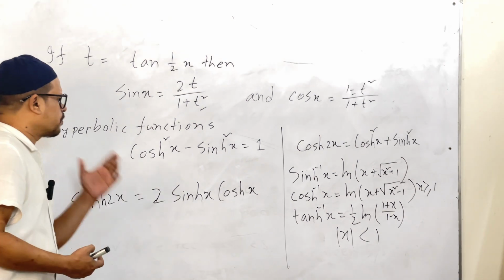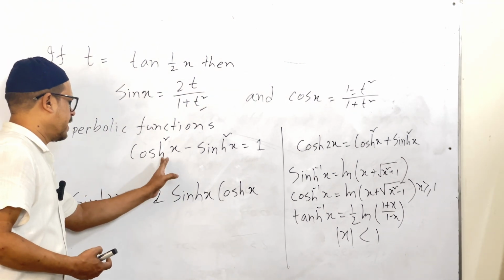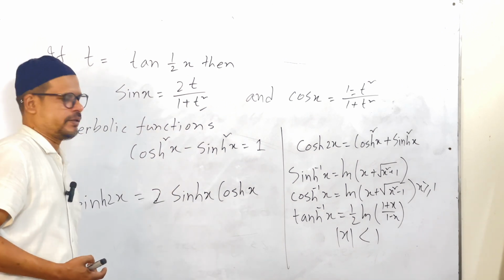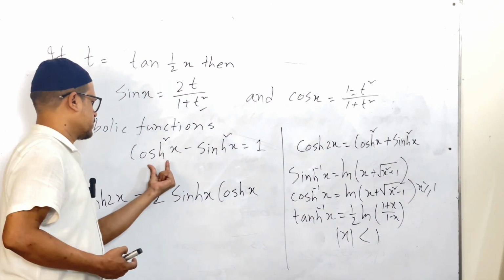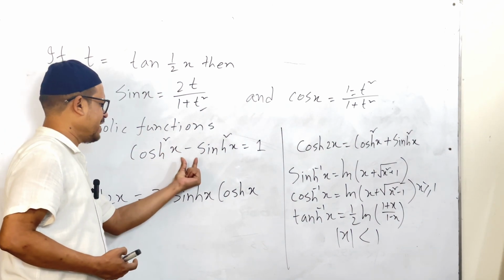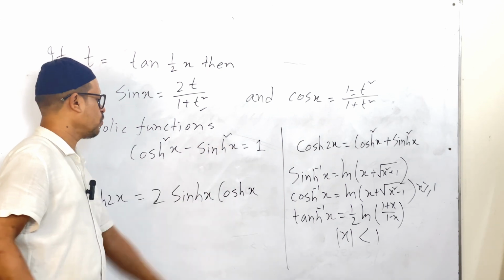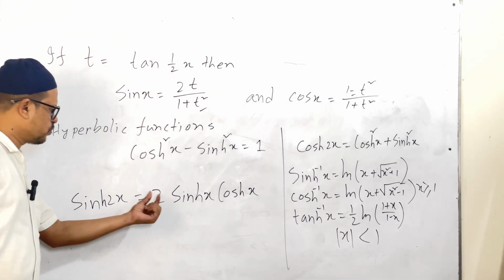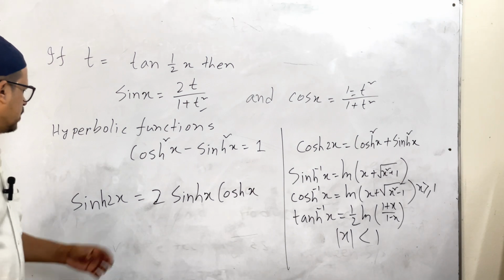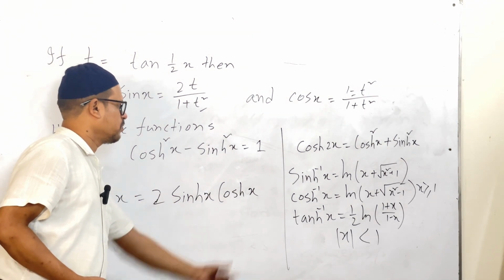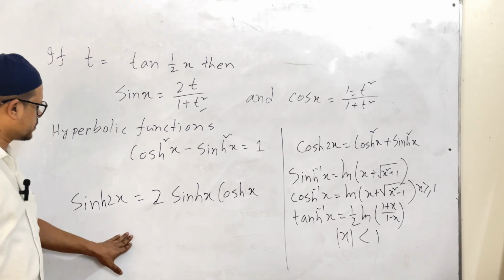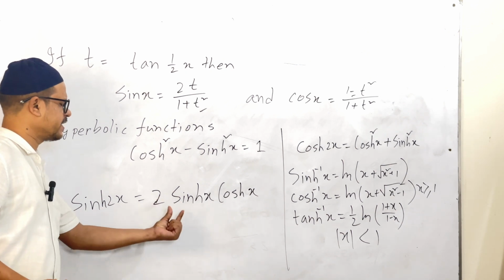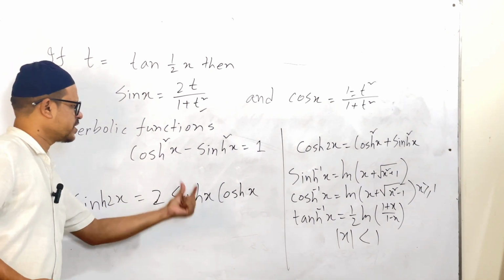Due to hyperbolic functions, we have to know cos hyperbolic squared x minus sine hyperbolic squared x equals 1. And sine h 2x equals 2 sine hx cos hx, meaning sine hyperbolic 2x equals 2 sine hyperbolic x cos hyperbolic x.